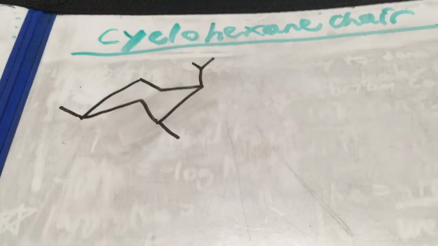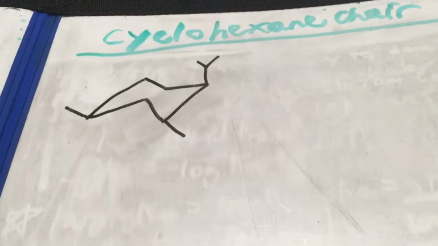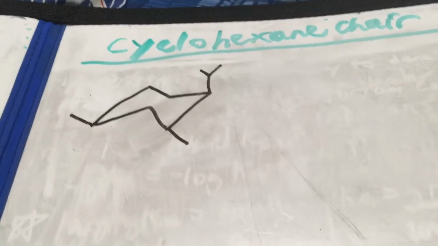So one thing that organic chemistry professors like to do to torture you is they make you do ring flips, and then you have to put everything back how it is normally. It's actually not that torturous when you get the hang of it, and it's kind of fun. So let's get to it.